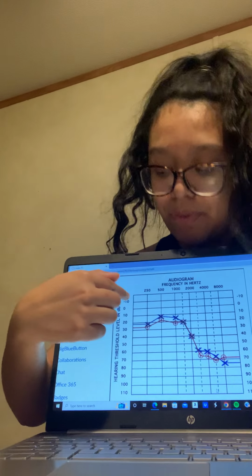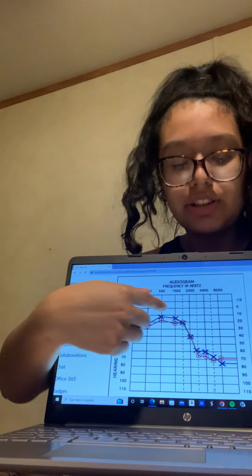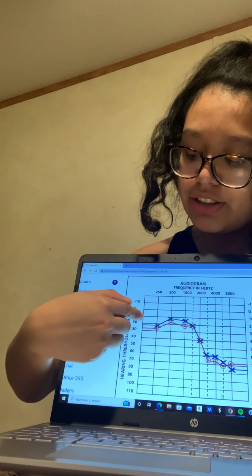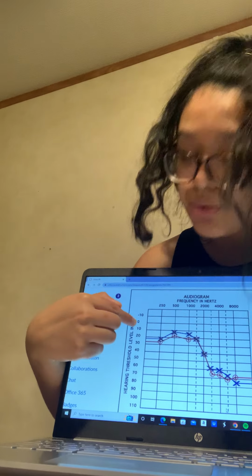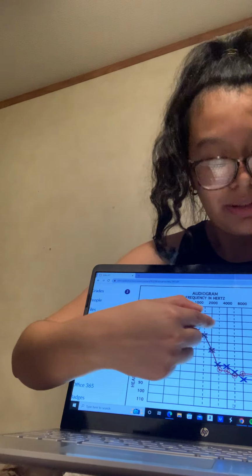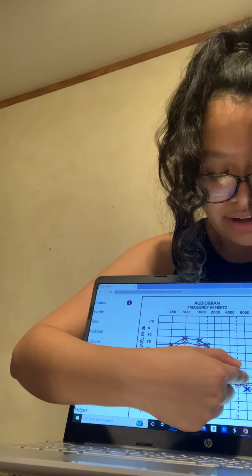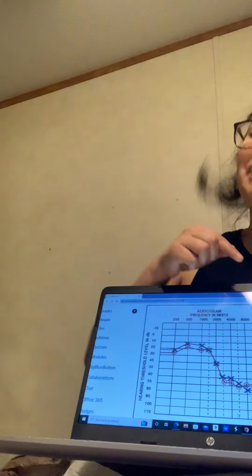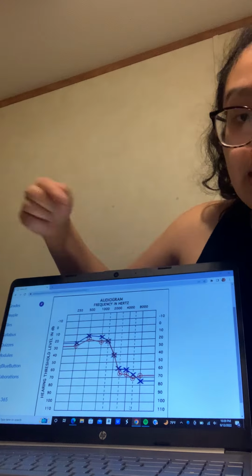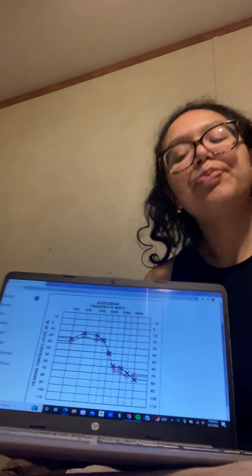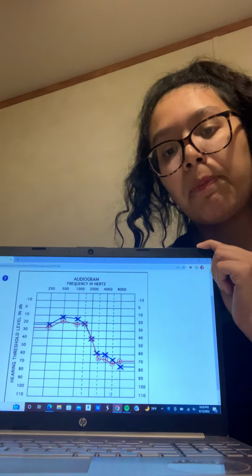As we move across the chart, we can see that your daughter's hearing loss slopes from the mild hearing loss range here in the 20s and 30s, down to a severe hearing loss where these high-pitched frequencies have to be played at a relatively loud sound level so that she can hear them.